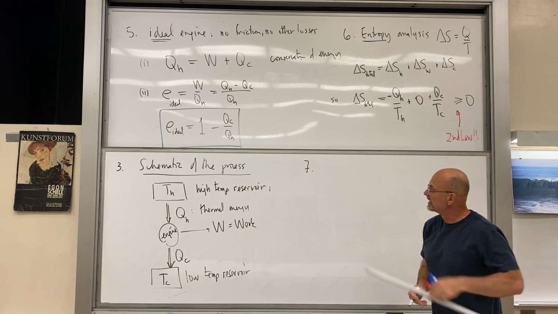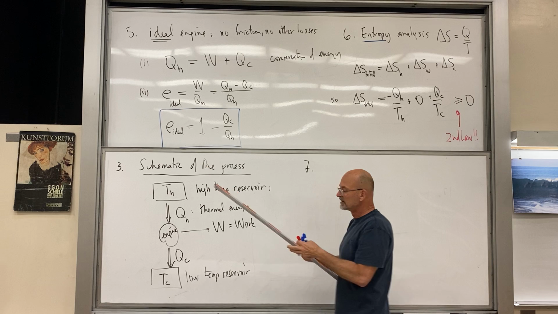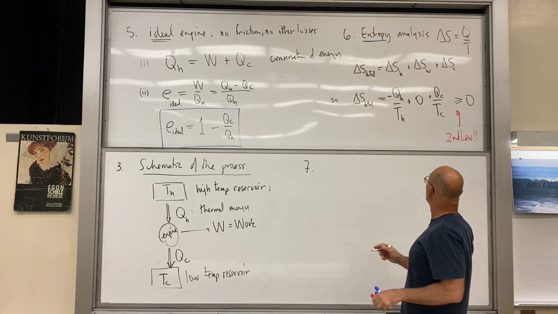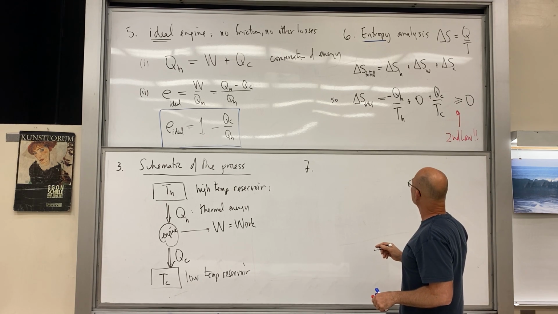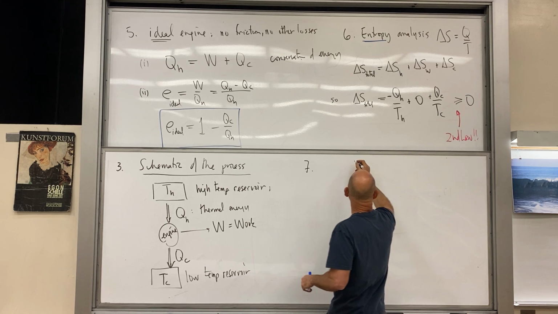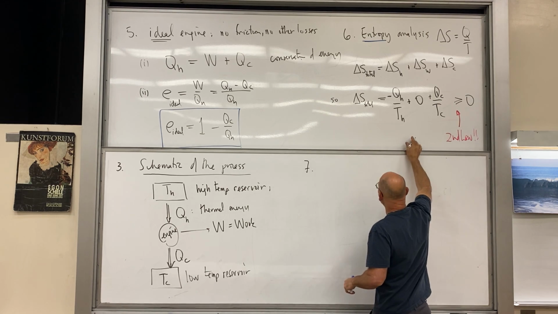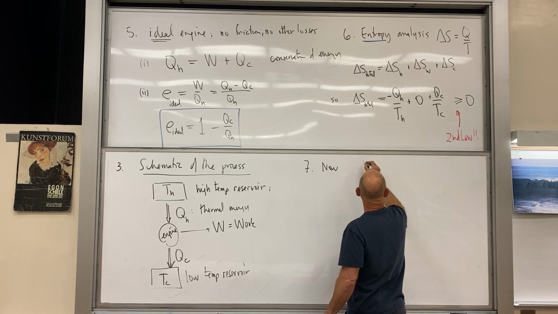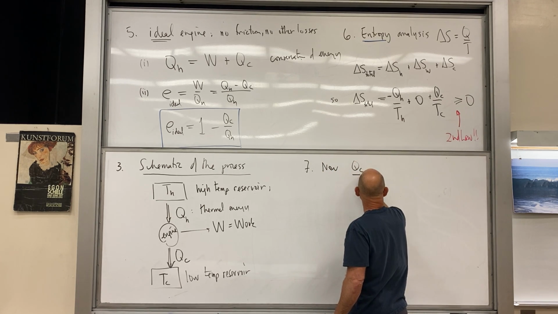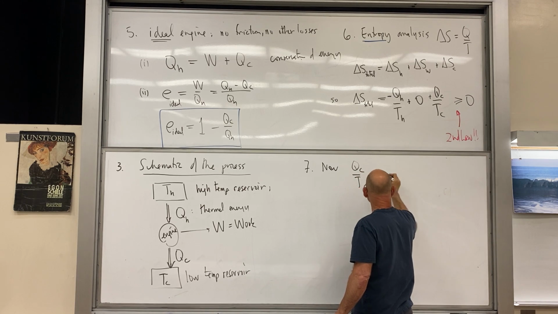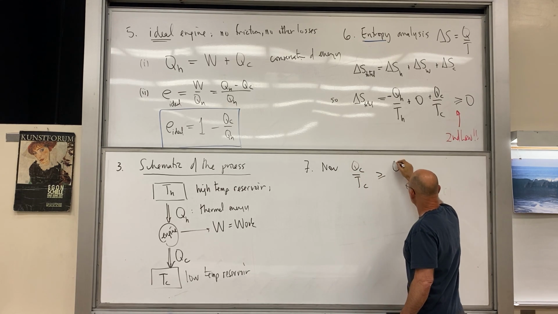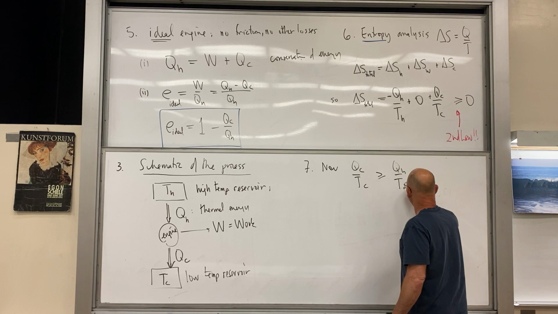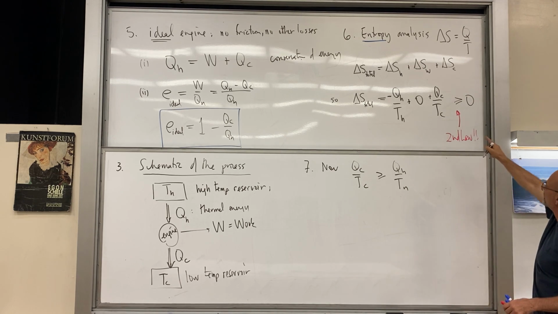I've got this E ideal. Let's go here first. From this equation here, we now have Q C over T C is greater than or equal to Q H over T H. So I've drawn the conclusion there.